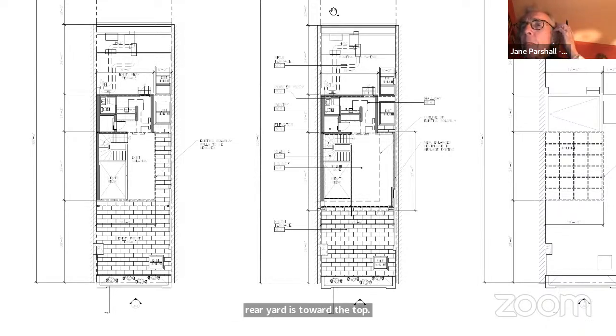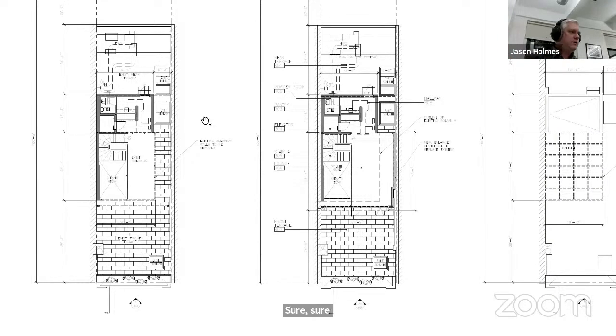Perhaps you could give us the dimensions and how far the setback is? Sure. So the existing setback is 28 feet 9 inches. And the proposed setback is 25 feet 6. So we're bringing it forward about 3 feet 3 inches closer to the front.